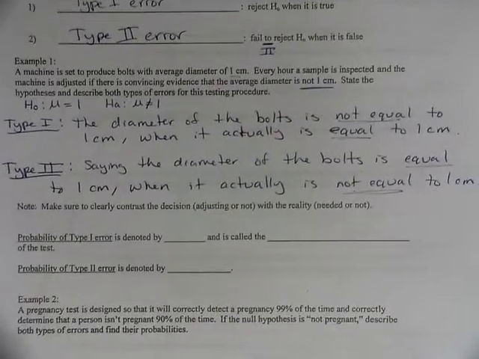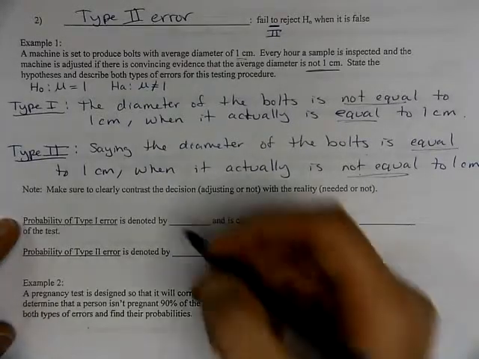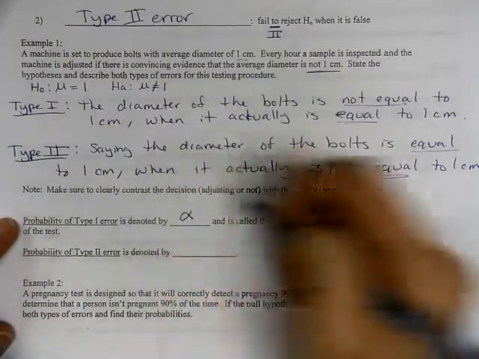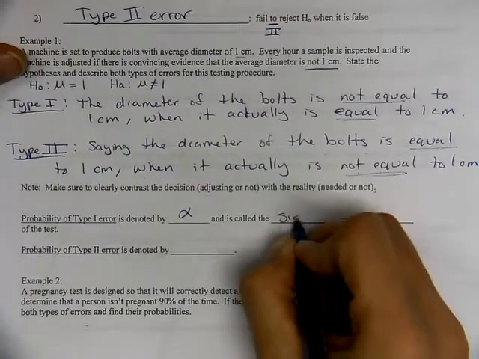Okay. Now, type 1 error and type 2 error have symbols, because obviously we don't always like to use words. Type 1 error is alpha, and it's also called the significance level.